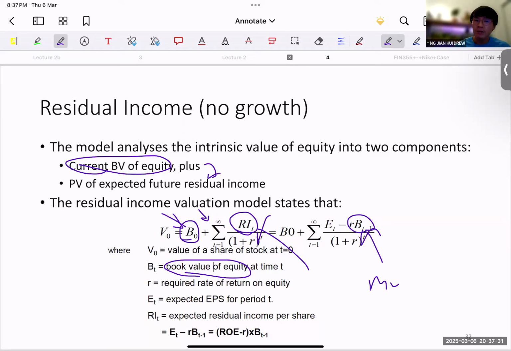But remember, not all valuations are for public companies. You can be asked to value a private company, and so the residual income model may be a better model, because you just focus on the book values, which are found in your financial statement.